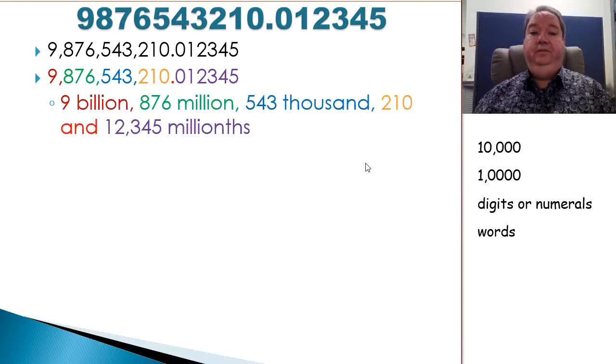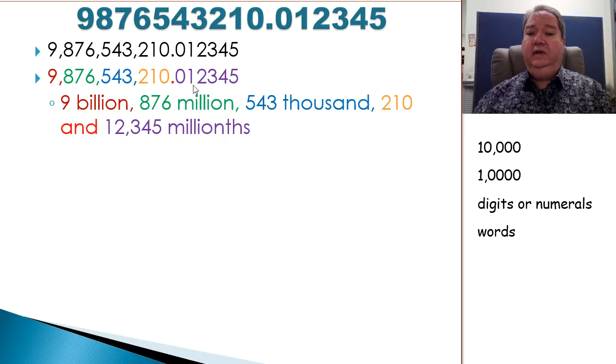So, if we convert that to words, and notice the color coding here, we have 9 billion, 876,543,210. When we get to the decimal point, that's where we say the word and to indicate it's a fraction.